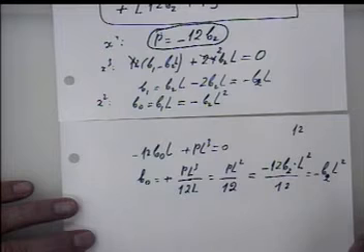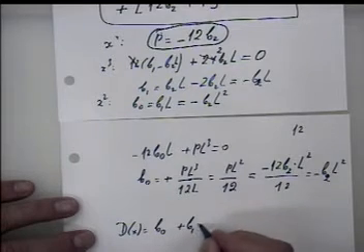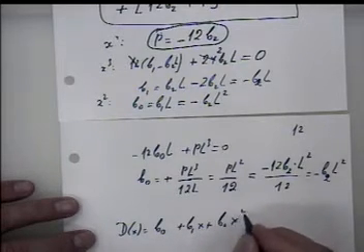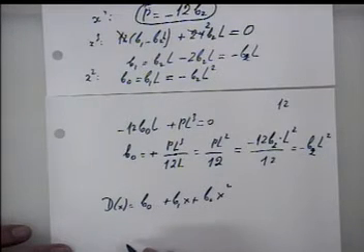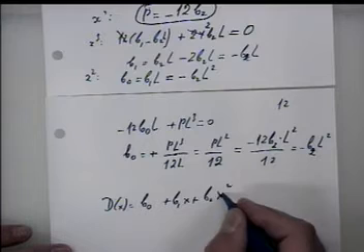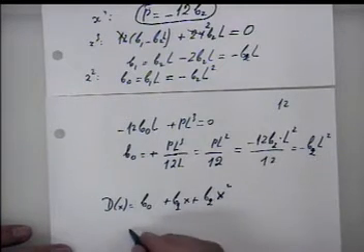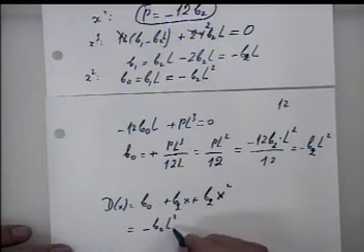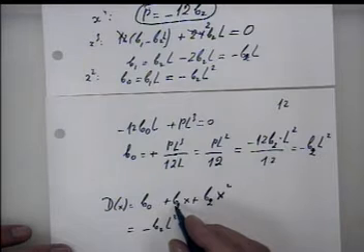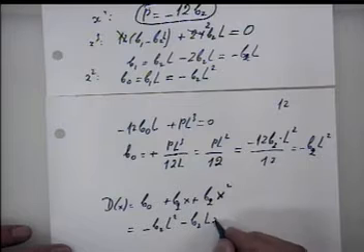So what did we get? D of x equals B0 plus B1x plus B2x squared, yes? Now B0 equals minus B2L squared. B1 equals minus B2L, minus B2LX.